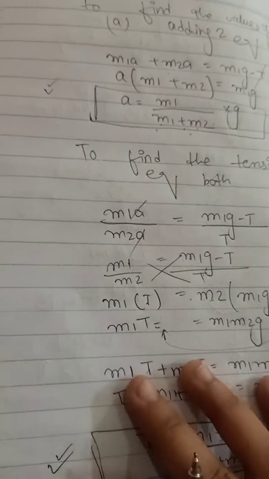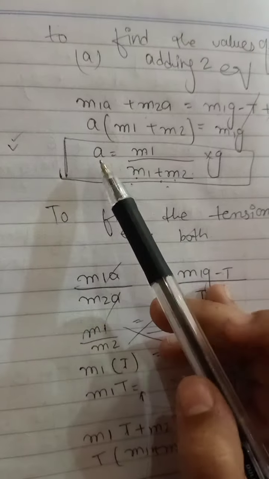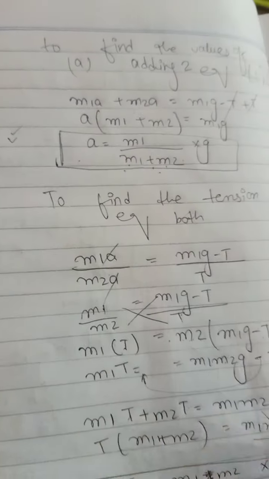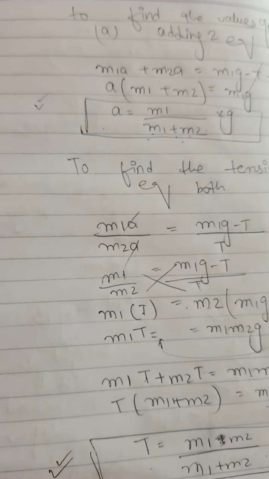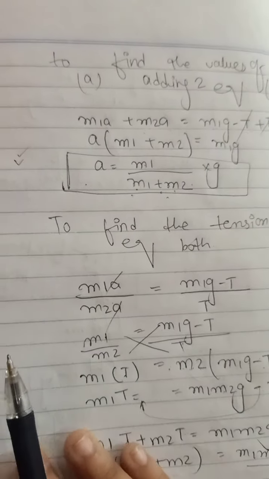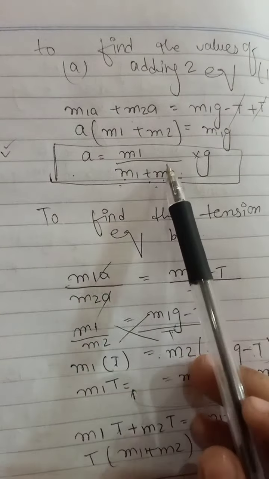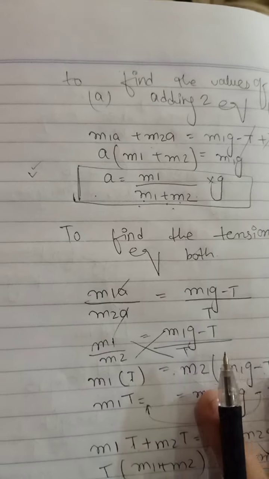Okay, so as you can see, in this equation of the acceleration there is no tension, and in the tension equation there is no acceleration. So in both cases this is the same.